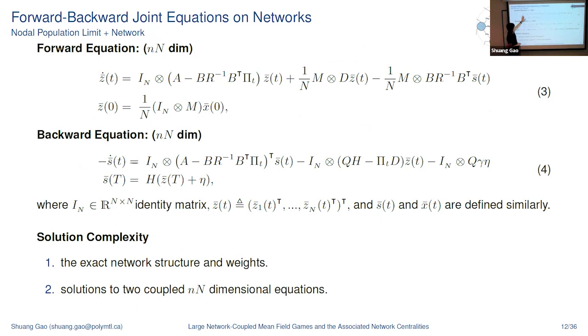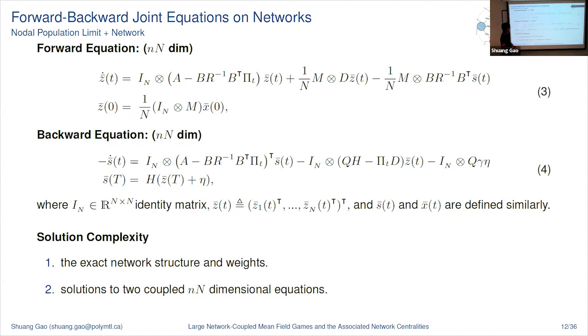This can be characterized through two sets of equations. One is an ODE moving forward in time, characterizing the network mean field evolution. The second is the backward equation characterizing the offset process. Note that these equations are coupled, because on the right-hand side of one equation you see the process S, and on the right-hand side of the other you see Z. So they need to be solved together.